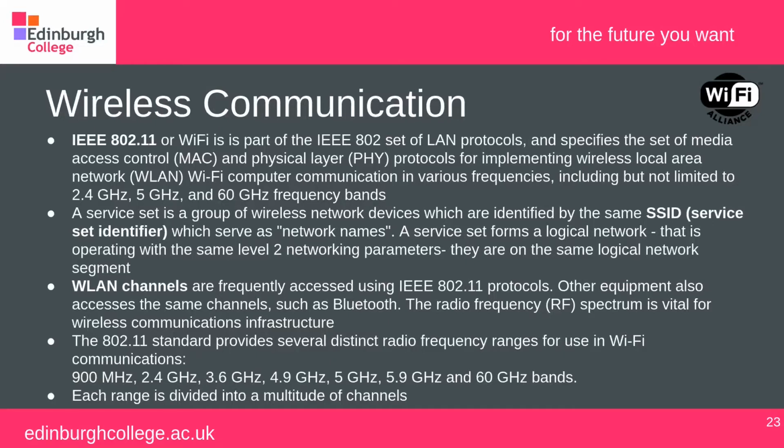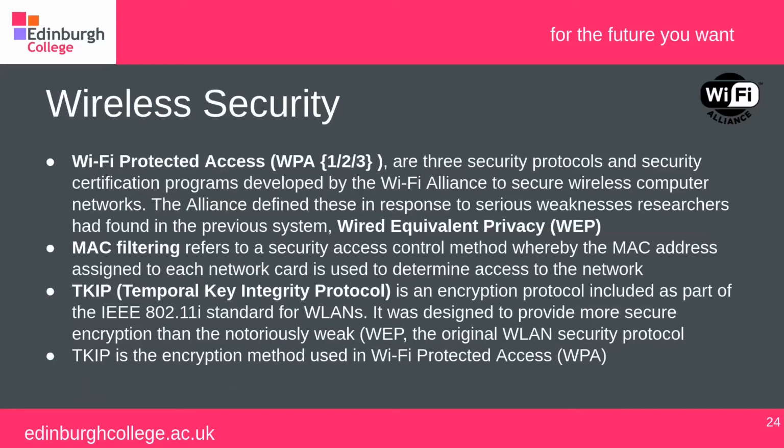So security in wireless networks. Now, I have a little bit of a mental block about remembering what these things stand for. WPA2 is likely the most common type of security that you're going to have in your Wi-Fi network at home just now. And this superseded, excitingly, WPA1.